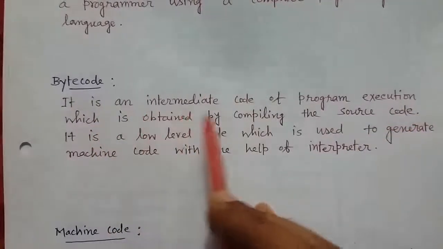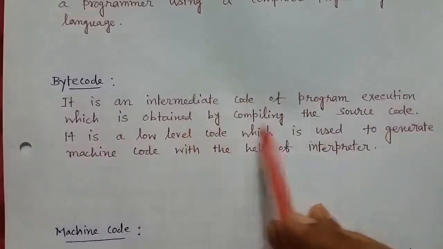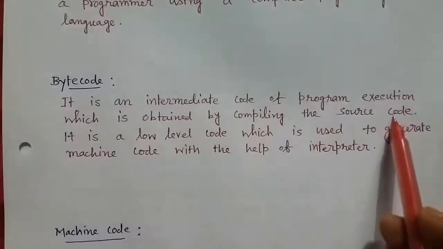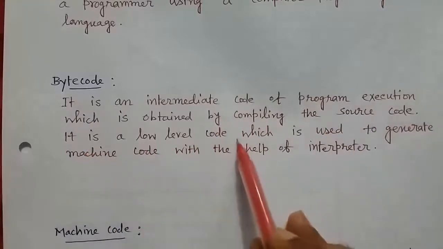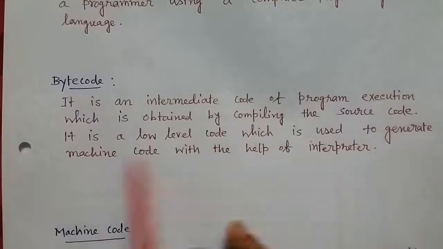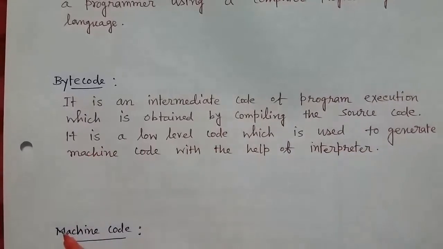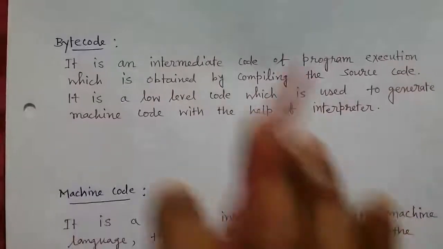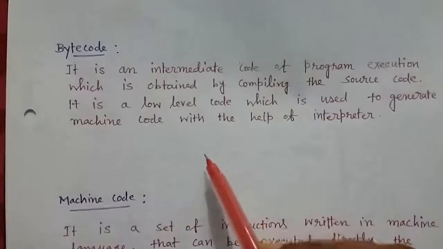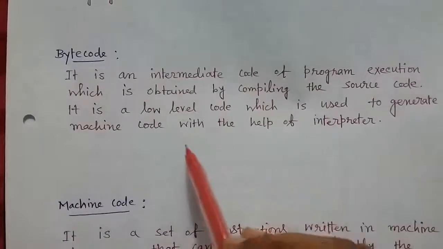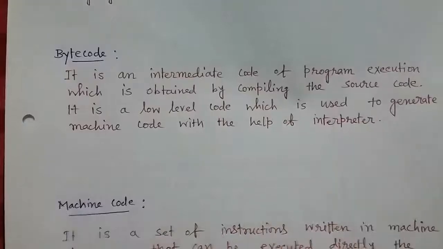It is an intermediate code of program execution which is obtained by compiling the source code. It is a low level code which is used to generate machine code with the help of interpreter. So bytecode is generated by compiler, and from bytecode machine code will be generated with the help of interpreter.